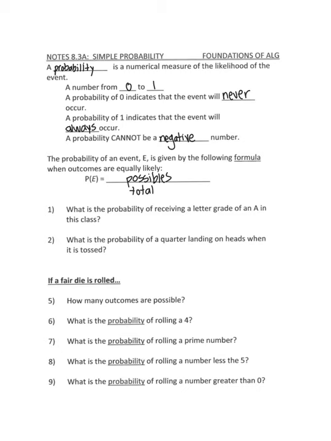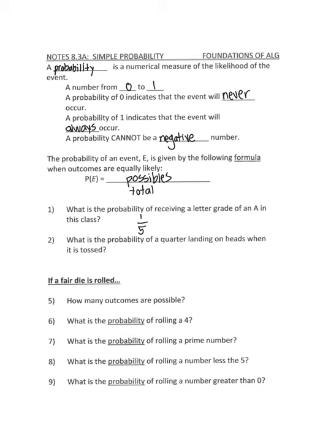So for example, number 1, if we look at the probability of receiving a letter grade of an A in this class, if you receive a letter grade, you're either going to get an A, B, C, D, or F. So there's 5 choices that you could choose from. That's our total. Total would be 5 choices. So that would be the bottom. And if we want to receive an A, we want to know how likely that is. That would be 1 out of the 5 choices. So that's our probability for an A.